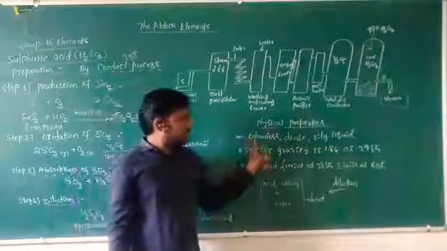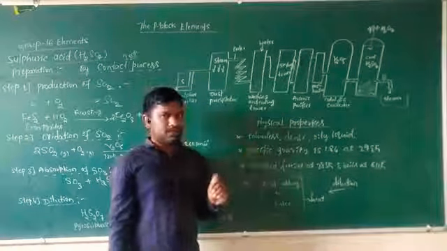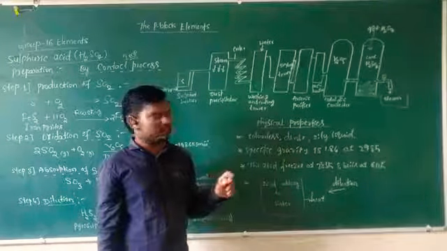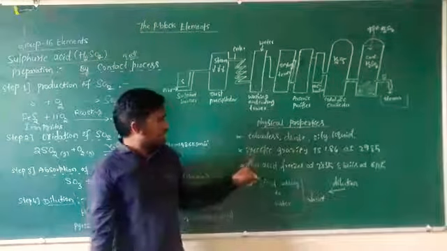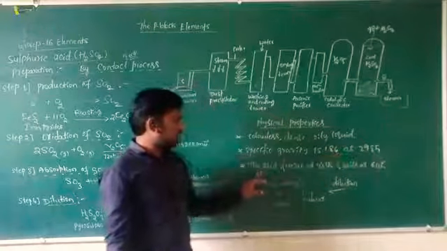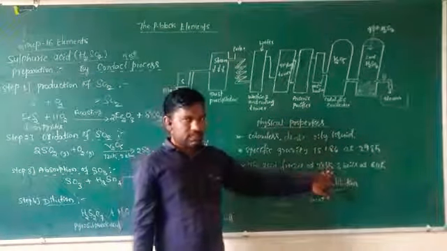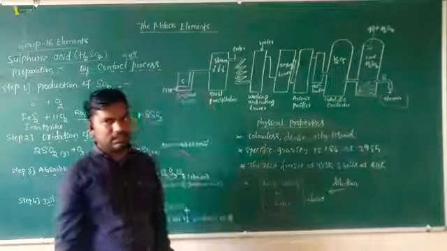Physical properties of sulfuric acid H2SO4. It is a colorless, dense oily liquid. Specific gravity is 1.8 at room temperature, and the acid freezes at 283 Kelvin and boils at 611 Kelvin.